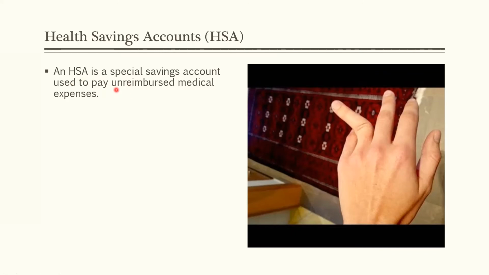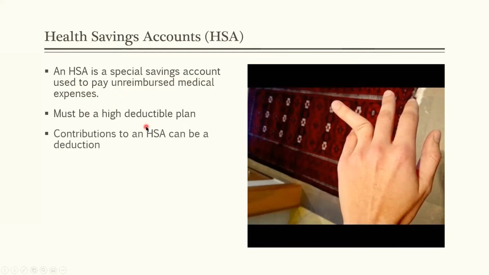And some HSAs are not funded by the employers, but by the employees themselves. It must be a high deductible plan, and that threshold, I believe, is $2,700 or so for married filing jointly, and about half of that for single filers. So if you have a deductible in that range, then you can get an HSA.